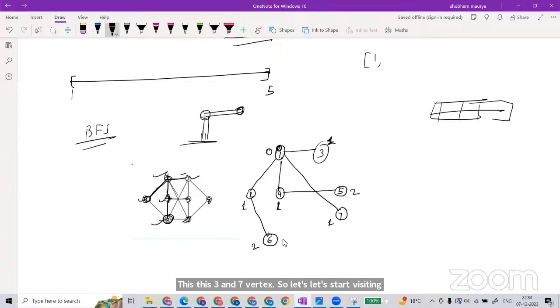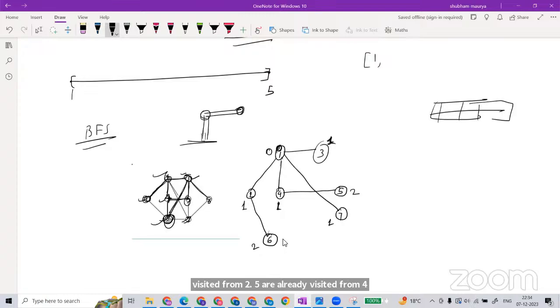Let's start visiting 3. From 3, I can visit 8, 5, and 6. 6 is already visited from 2, and 5 is already visited from 4.